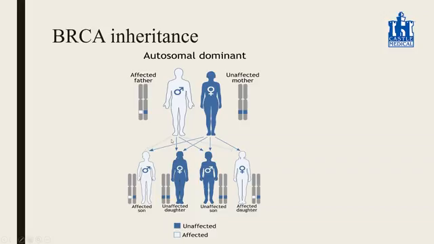Now, as you can see in this picture here, the father is affected. The father has one copy of the defective BRCA gene and the mother is unaffected. In this case, their kids have a 50% chance of getting this mutation. As you can see, like 50% of their kids have got this mutation. So this pattern is called autosomal dominant.